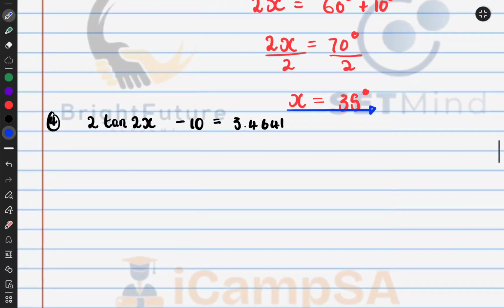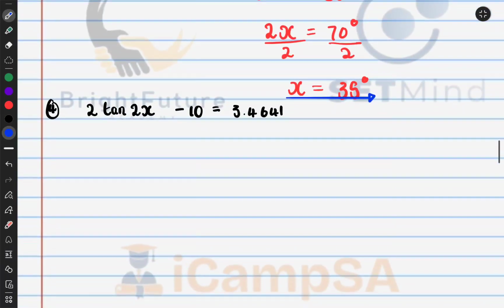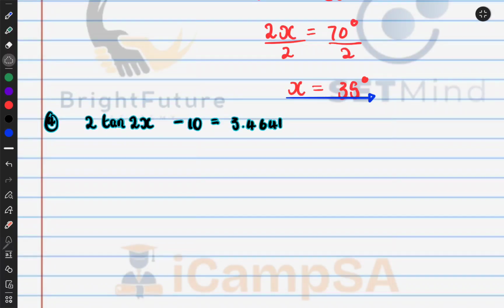And then next, let's do number 4. We are given what? 2 tan 2x minus 10. And look at the use of the brackets there, that 2x minus 10 is not in brackets, so the 10 is just a separate expression.